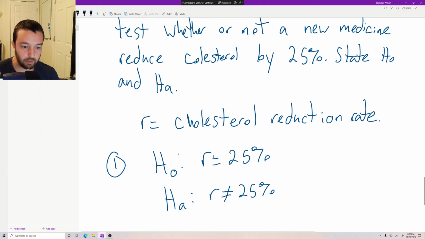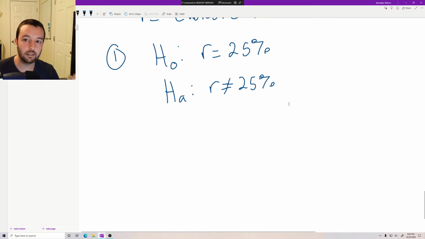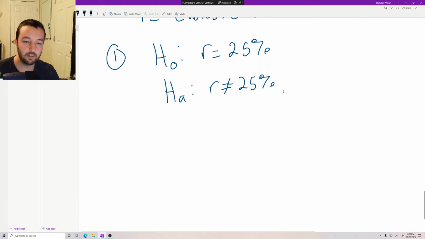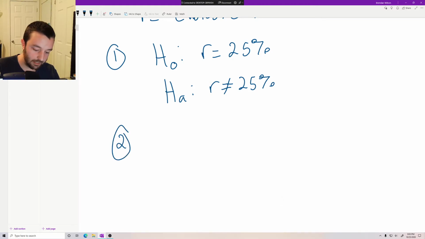Now, this is kind of a strict interpretation of what the question is saying. I think realistically, if we're looking at whether this medicine reduces cholesterol by 25%, we would be okay if it did 25% or more, right? We don't need it to be exactly 25%. If it reduced it by 30%, that would be good too. So a less strict, but more realistic test would be H0 as R is greater than or equal to 25%.